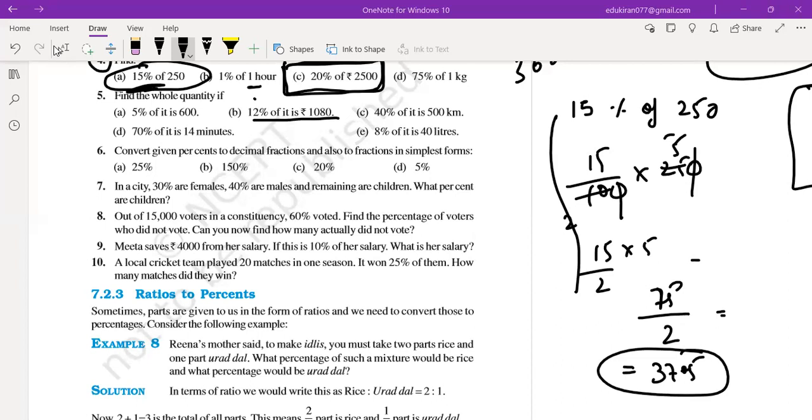Yes, ma'am. Done. I got it correct. Okay. Now you will do the fifth one. First one, or do all the parts. Okay. Then we will discuss.